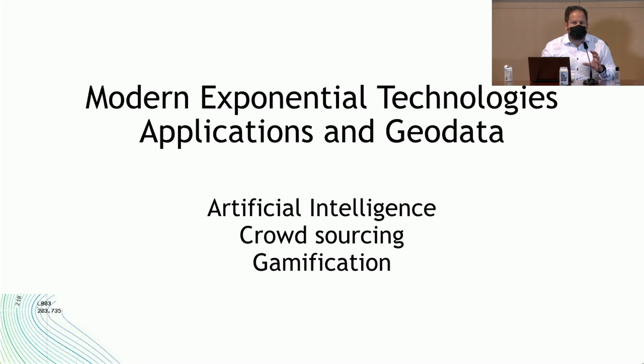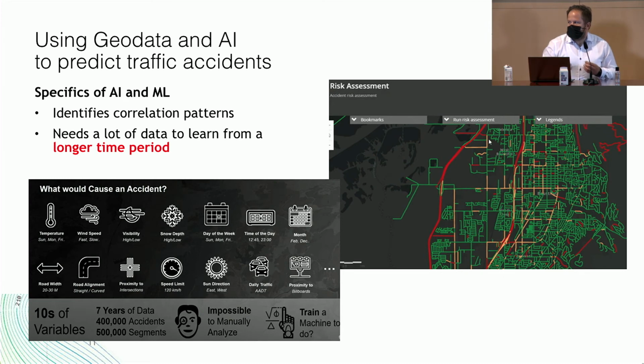Now, how does this come together with the new exponential technologies? Well, GIS has been at the core of this for a long time. And this is an example slide where in the United States, in a city, they used artificial intelligence and machine learning to identify correlation patterns that influence car accidents.